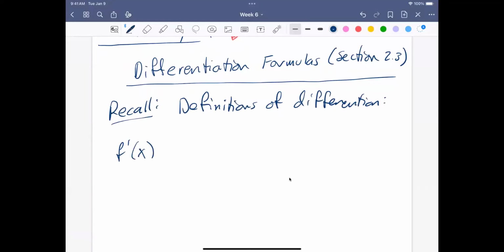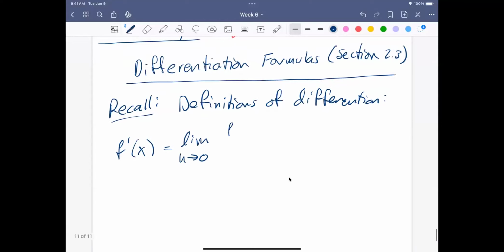So f prime of x equals a limit as h approaches 0. And then what's my top? Someone tell me. Yeah, f of x plus h minus f of x. Perfect. And then we put that all over h. So that's one of our definitions.